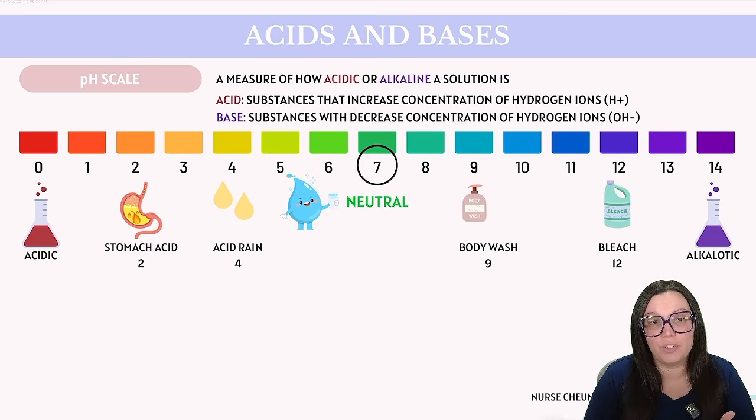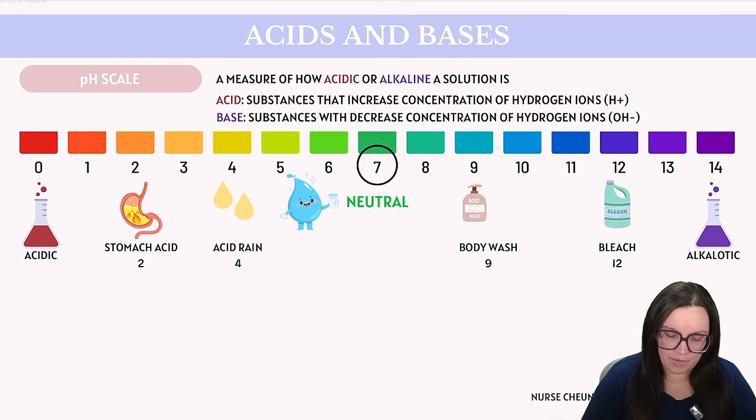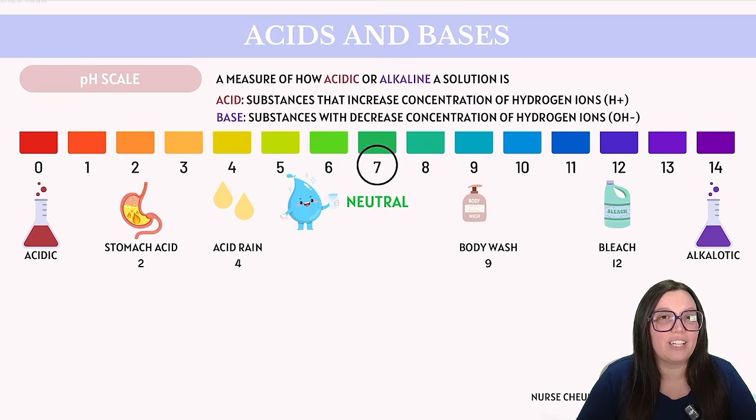To put this into perspective, let's consider the acid that we find in our stomach, which has a pH of around 2. This acidity helps kill bacteria and aid in our digestion. On the other hand, we have acid rain, which typically has a pH of 4, indicating that it's less acidic than stomach acid, but it's still harmful to our environment. Moving to our alkalines, common household items provide good examples.